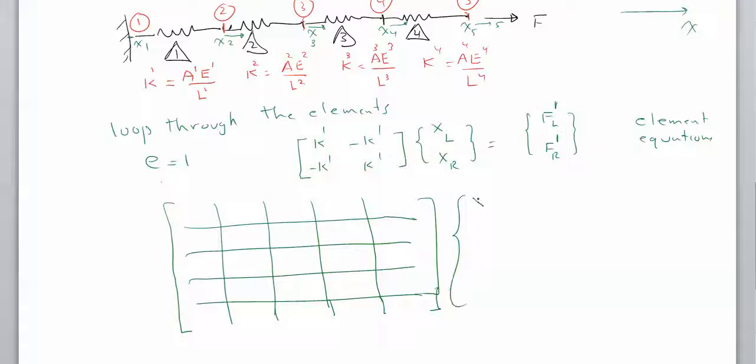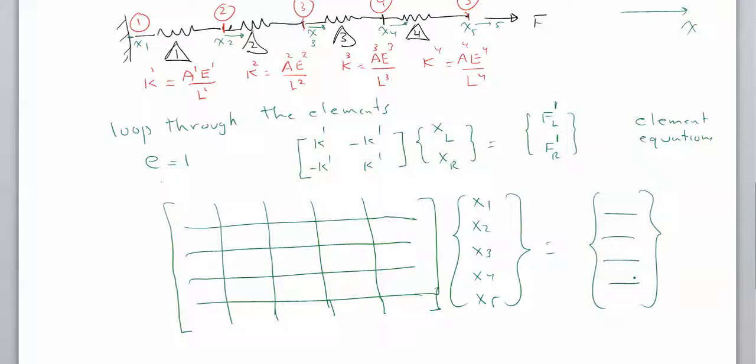Times the displacements x1, x2, x3, x4, and x5, equal to our load vector. All right. So this particular element number 1 is going to go K1, minus K1, minus K1, K1. And there is going to be F superscript 1 left, F superscript 1 right.